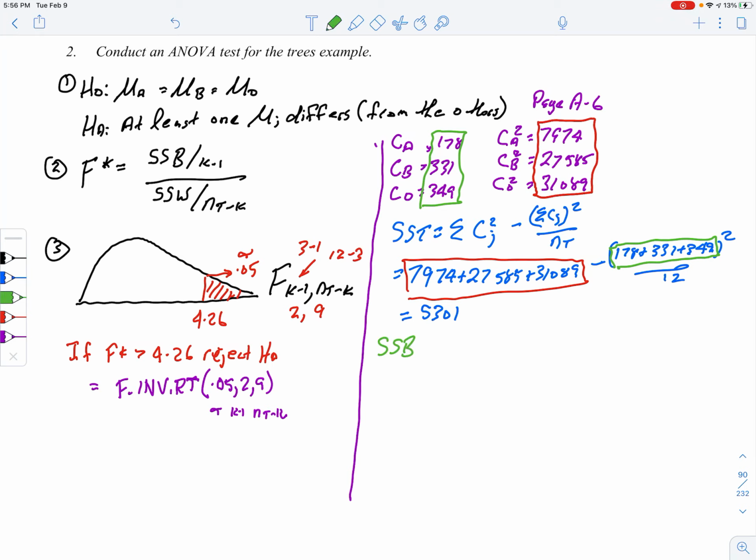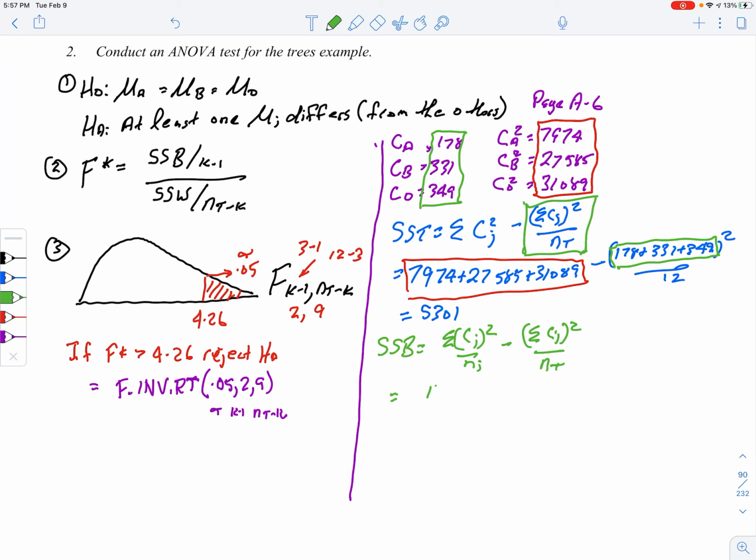Now, SSB is equal to, and again, we're taking this formula from page A6: you take each column's CJ, square it, and divide through by its NJ, and you do that for each one. And then the last part is exactly the same as we had above. So when you're calculating this with a calculator, store that somewhere so you don't have to recalculate it.